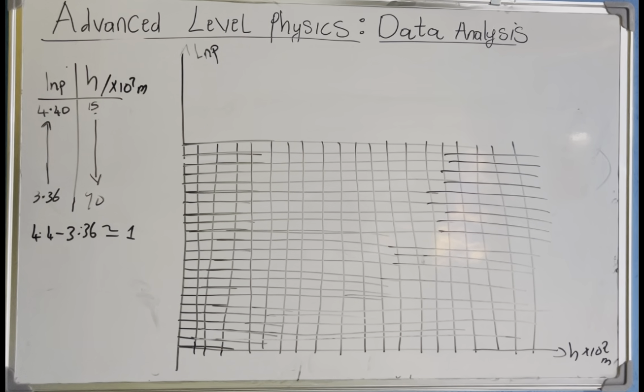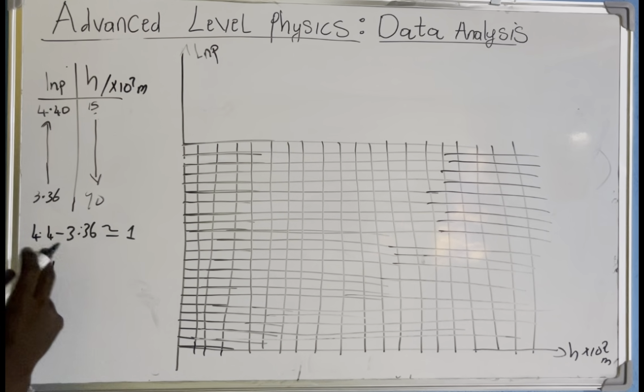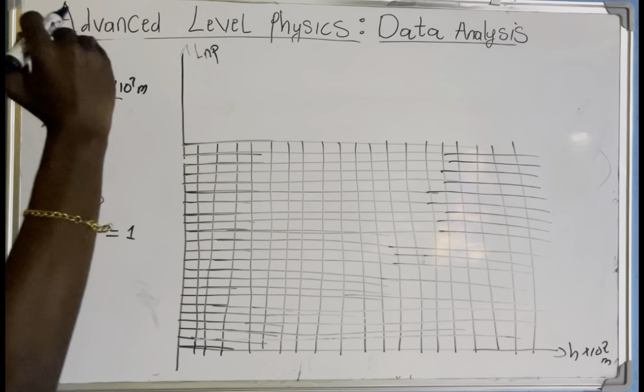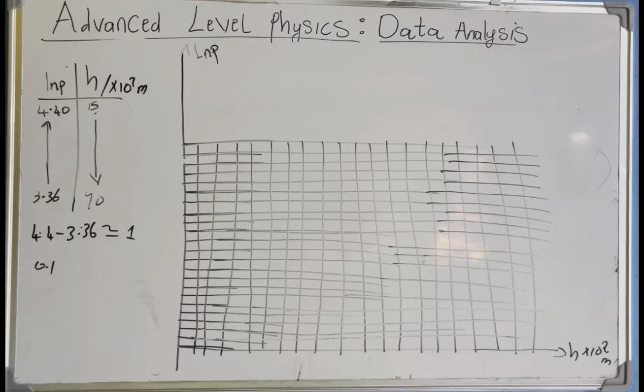It means that the separation, let's say the width, between 4.4, the biggest one, and the smaller one is 1. It means that it is most appropriate to take 0.1 unit to represent 1 square, so that we should have at least 9 squares being used. Is that okay?